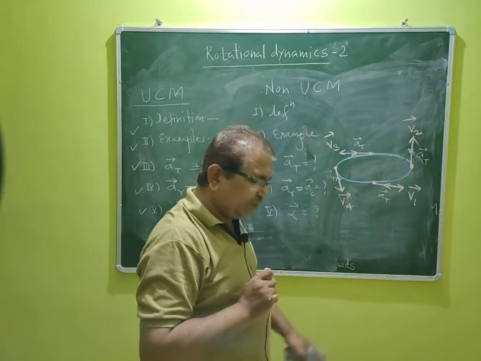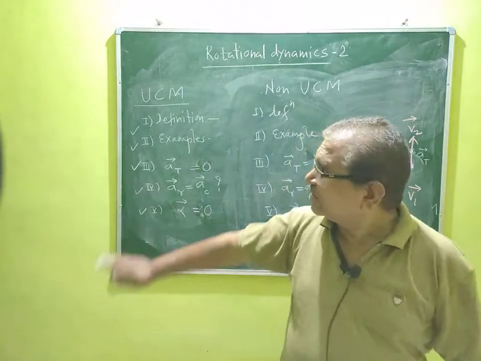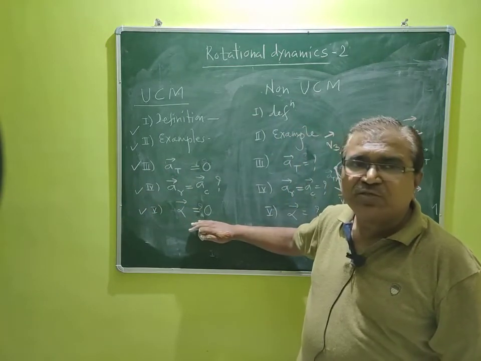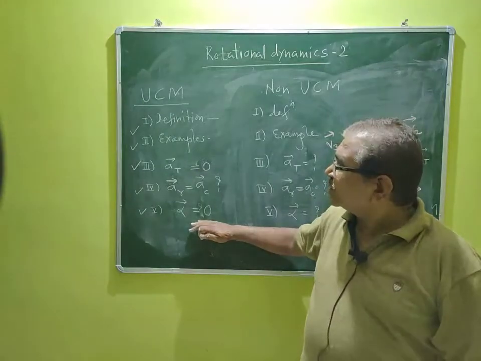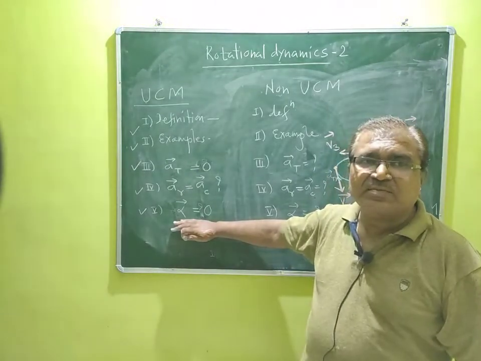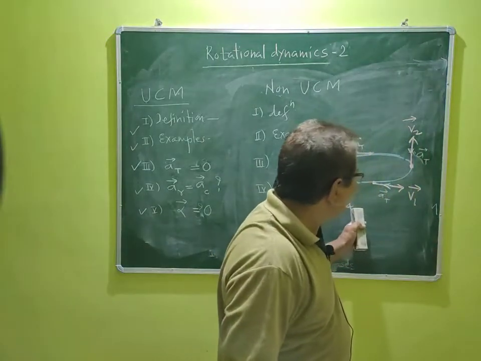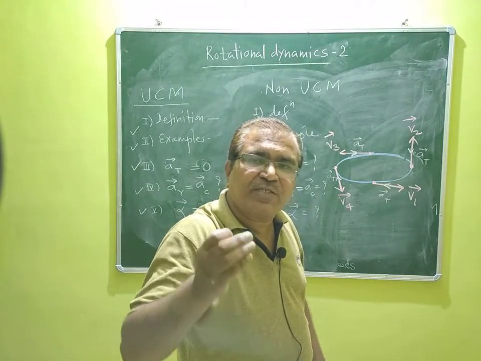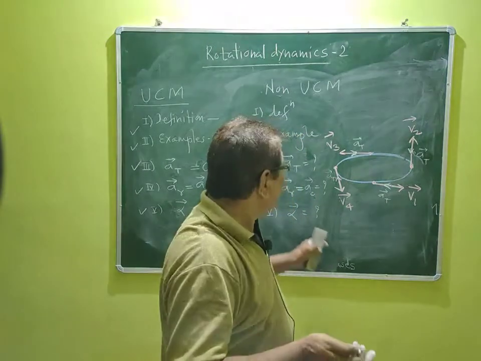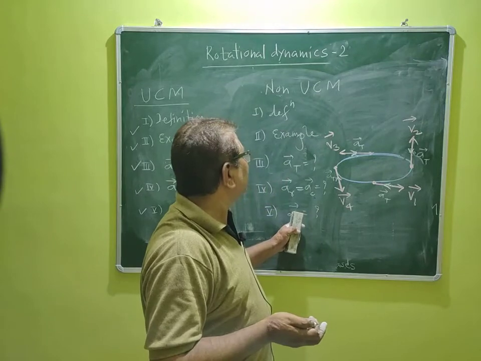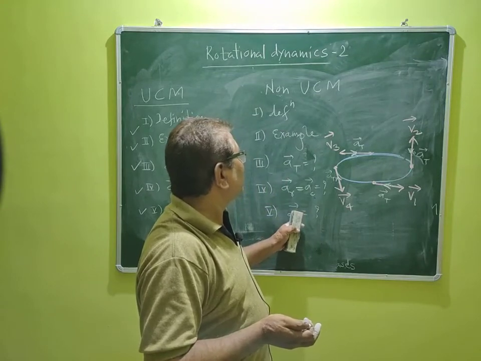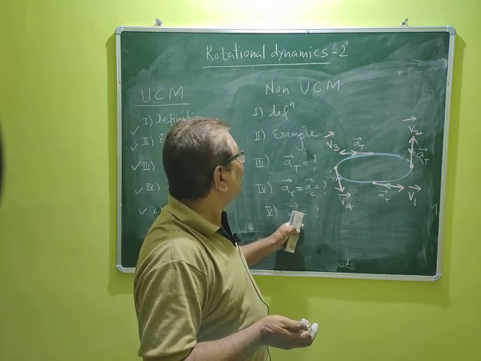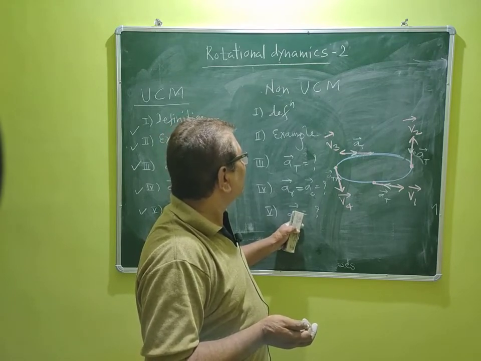Then what about angular acceleration? In uniform circular motion, angular acceleration alpha is equal to 0 because angular speed is constant. But in non-uniform circular motion, angular speed changes, and because of the change in the angular speed, there is a certain angular acceleration alpha.